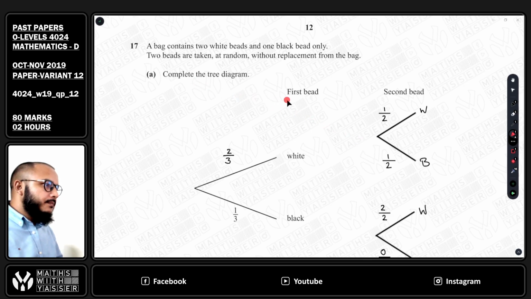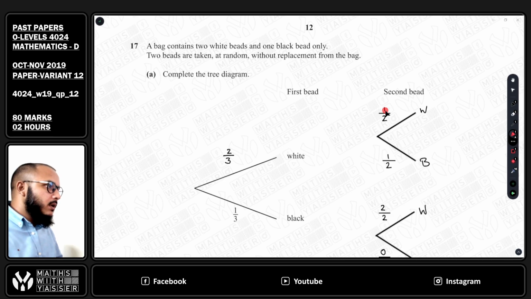And since it says without replacement, that means when we have taken away the first bead, in the denominator we will have only 2 left, and to choose a white after taking away a white will be just 1.